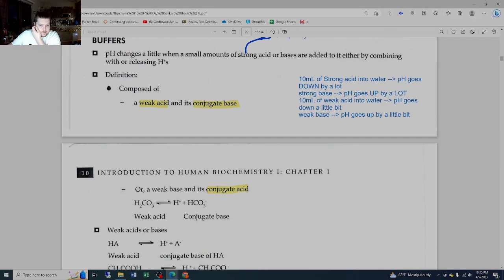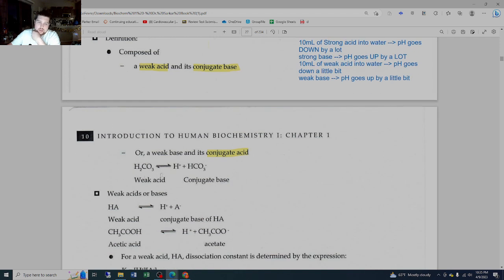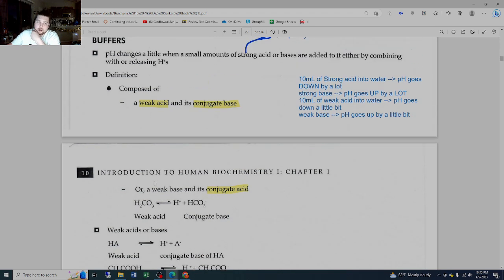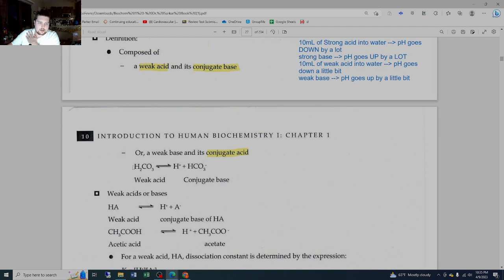When you put the weak acid into water, same thing with conjugate acid or conjugate base, that weak acid, H2CO3, is going to break down into its hydrogen and then its conjugate base right here.